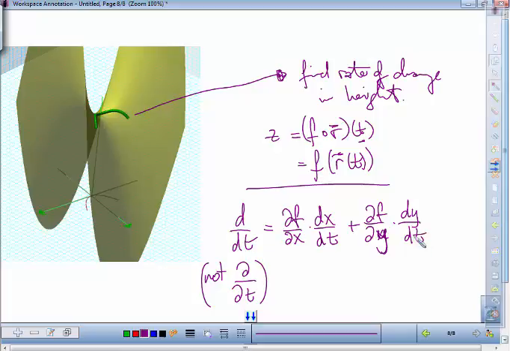This is a weird formula, and it's very similar to the chain rule that you learned back in Calc 1, but because of the partial derivatives, there's going to be some other stuff involved. So next time we're going to dive deep into this, and then we'll find a solution for the derivative of that example that we came up with. Okay?